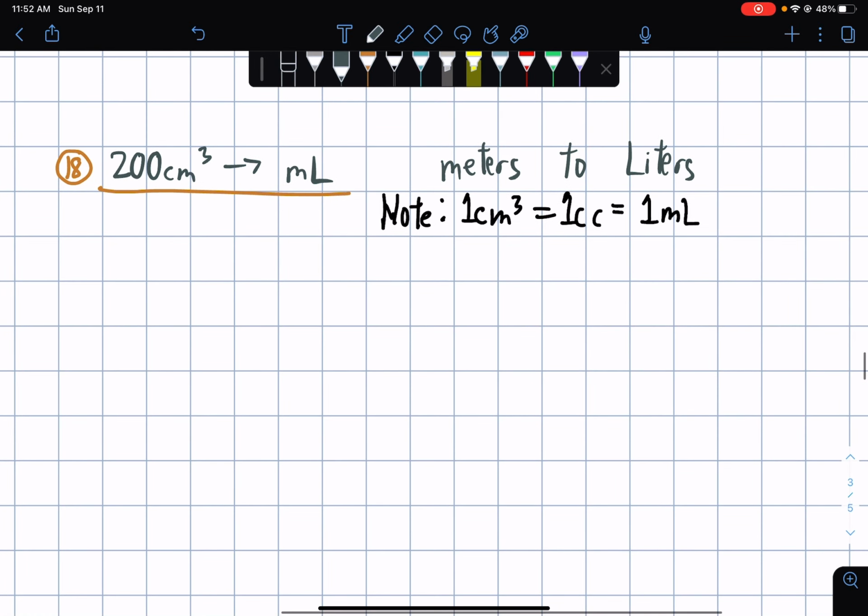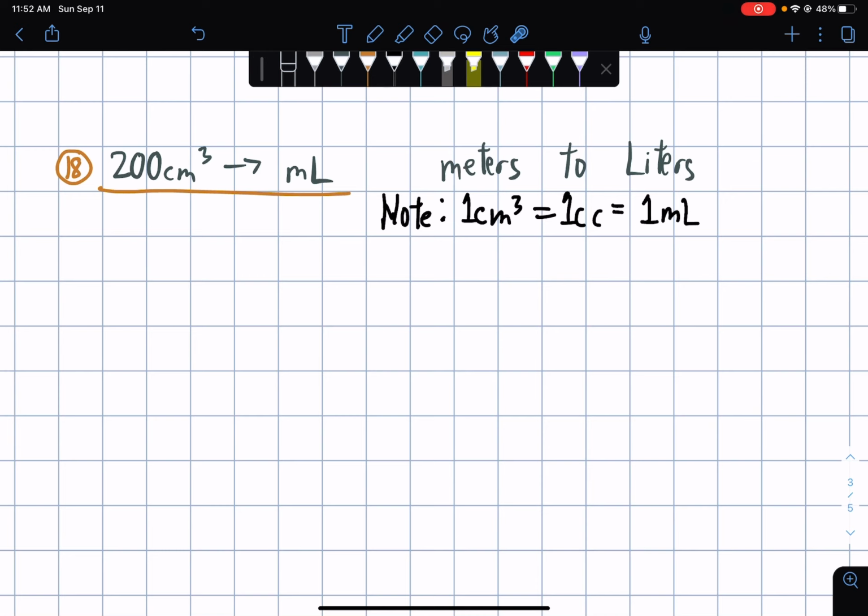Okay, for number 18, this time, as you can see, this is a new problem. From centimeter to milliliter, we're converting a specific value of a specific unit to another value that's also of a different unit.